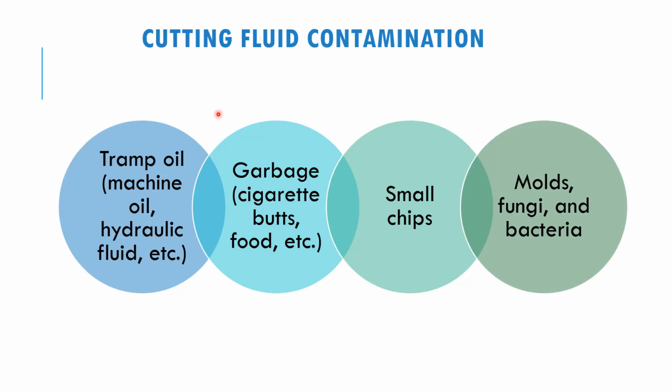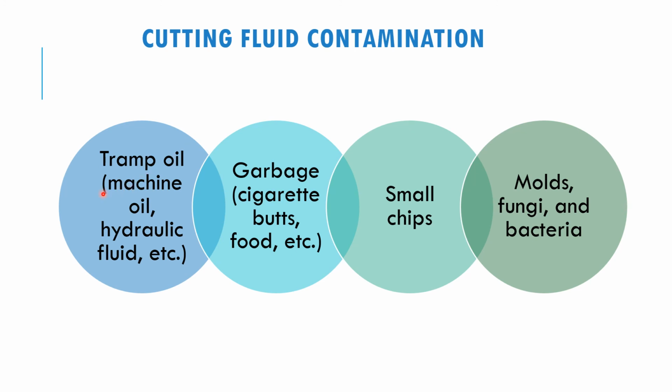Despite the goodness that the coolant and the lubricant bring, there is also a problem with it, what we call cutting fluid contamination. During the operation, a lot of things might happen that contaminate the cutting fluid. For example, there might be tram oil, machine oil or hydraulic oil that mixes together with the cutting fluid during the operation.